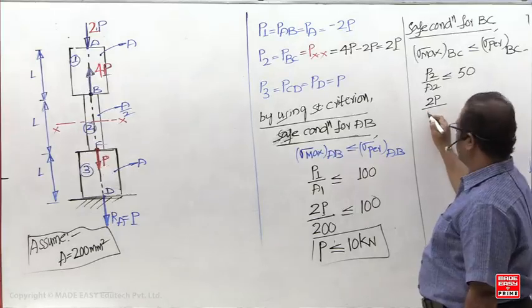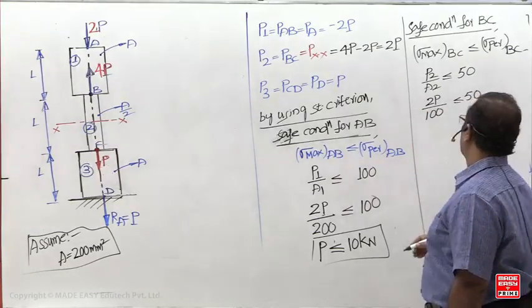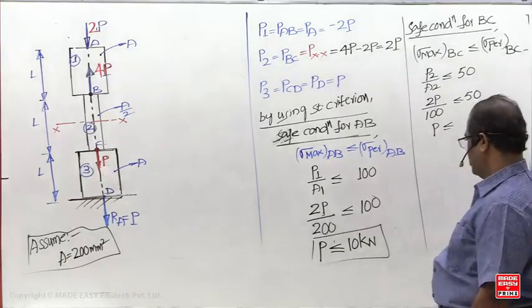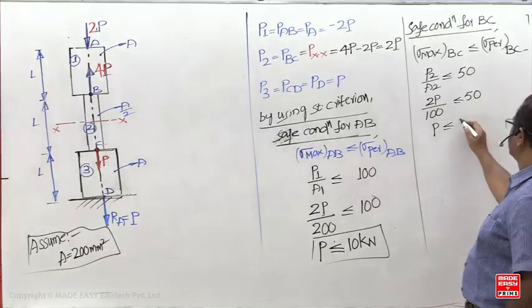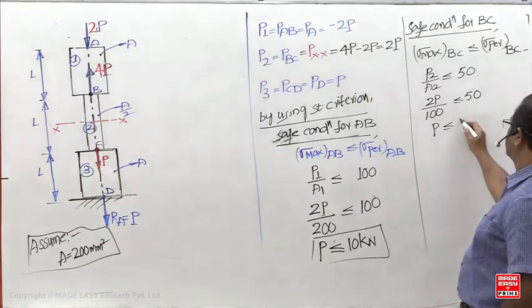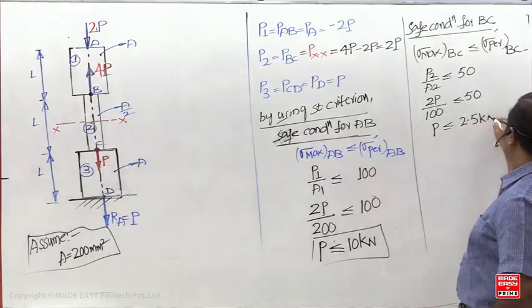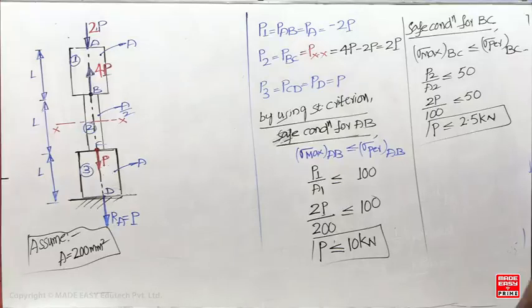Area is A by 2, A by 2 means 100. So what is the P value now? Less than or equal to 2.5 kilonewtons.